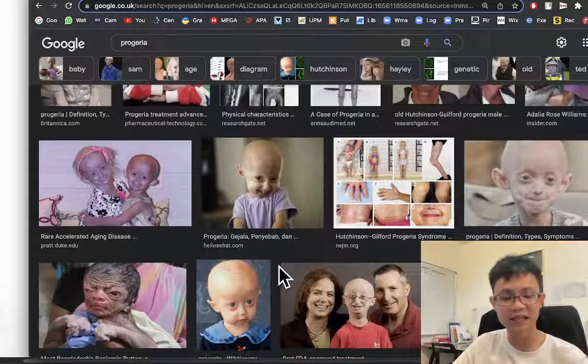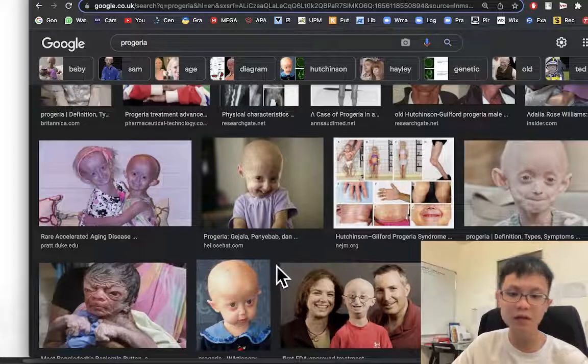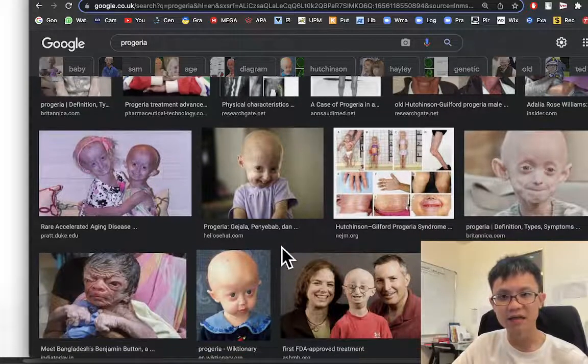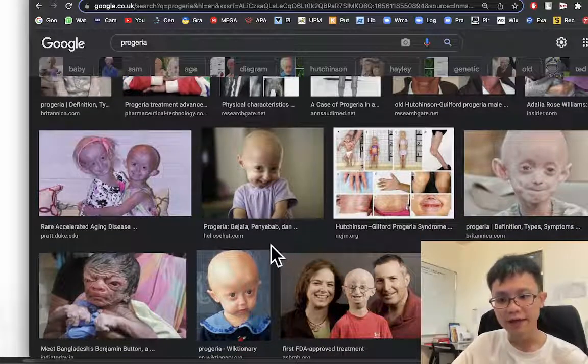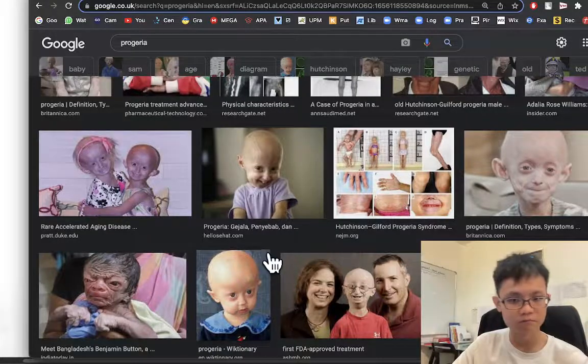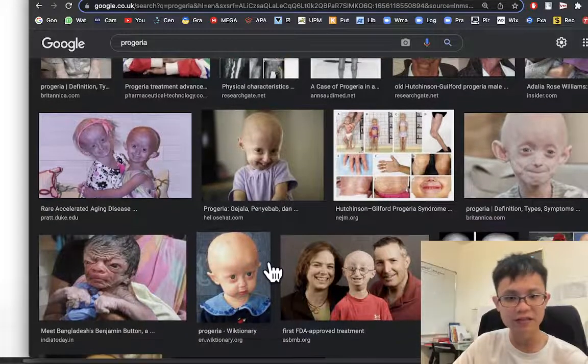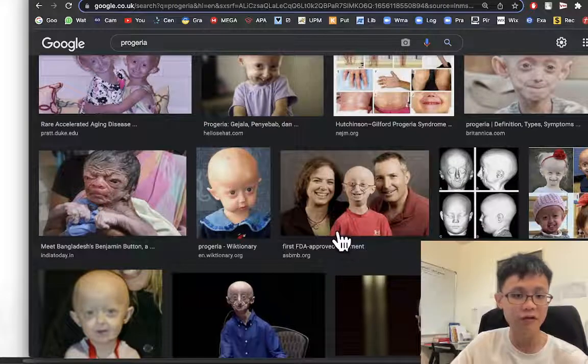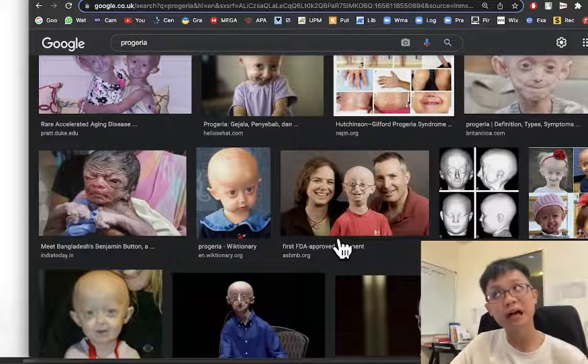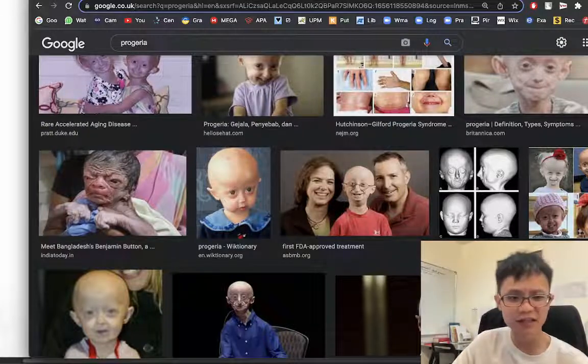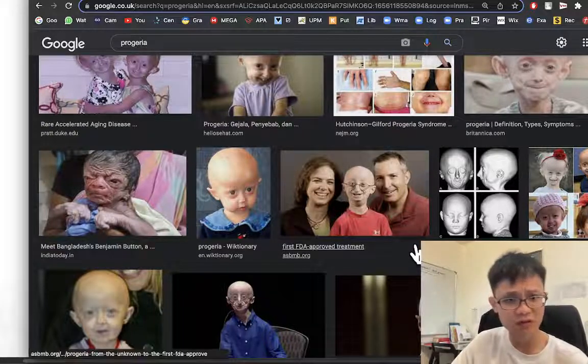This is a genetic issue, and there is no cure. If you get this disease, you won't have any cure, so it causes the baby to look very old. Usually they will die by the age of 19, 20 from heart attack and stroke.